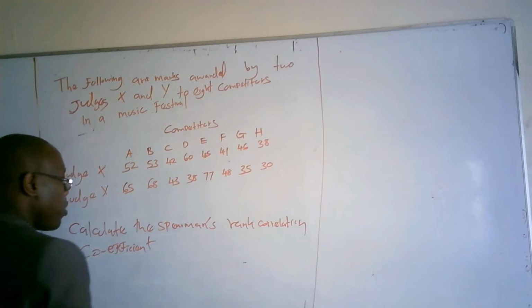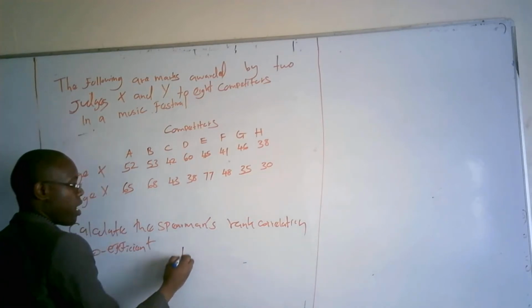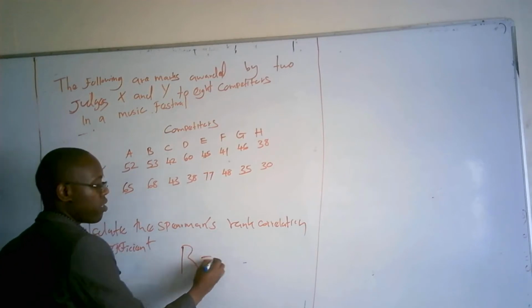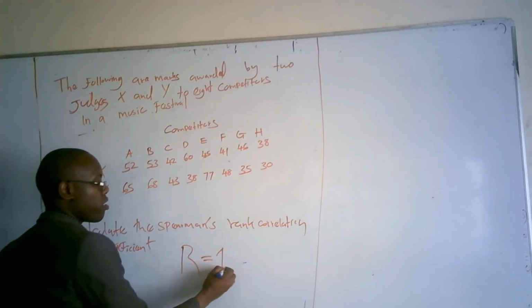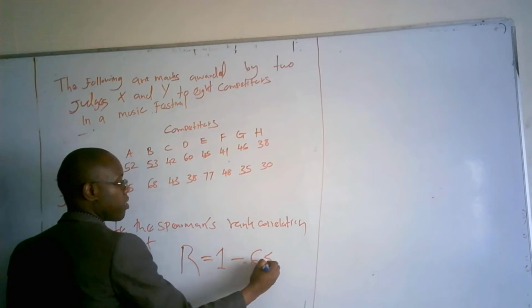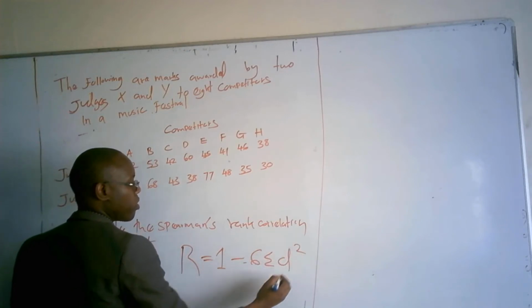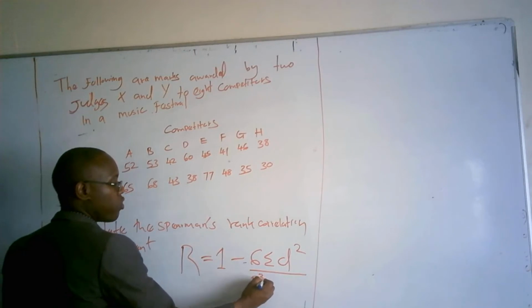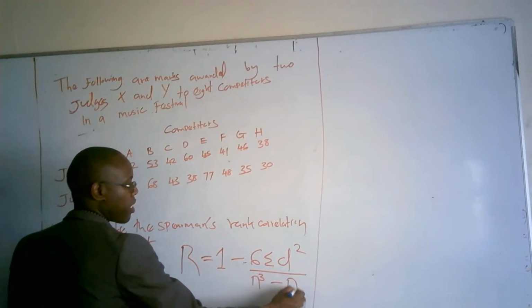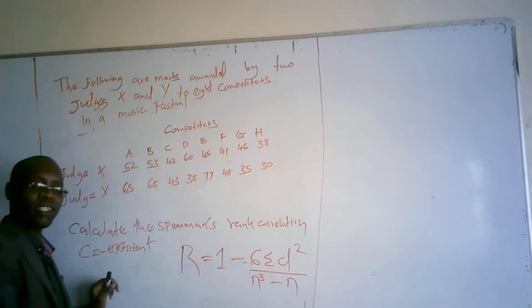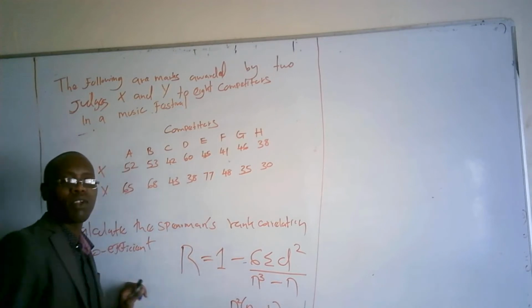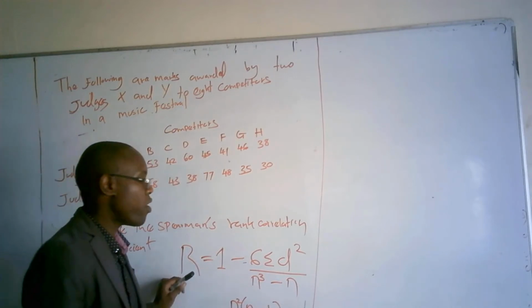The formula remains, remember, the rank is always represented by capital R, and it's going to be 1 minus 6 summation d squared over n cubed minus n. Others here, I know that you know it's actually n squared into n minus 1. It's the same.